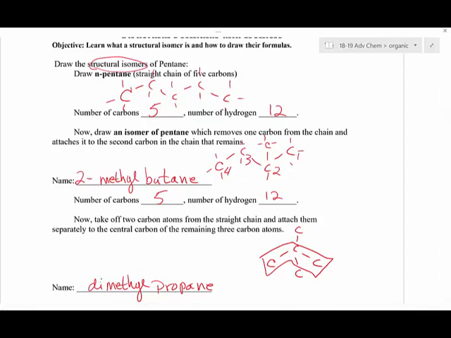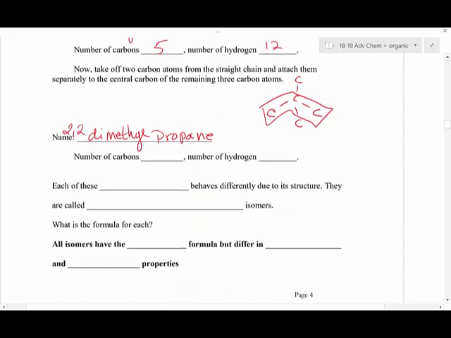Anytime you have the word di, you're also going to have 2 numbers. So that's going to be 2,2-dimethylpropane.